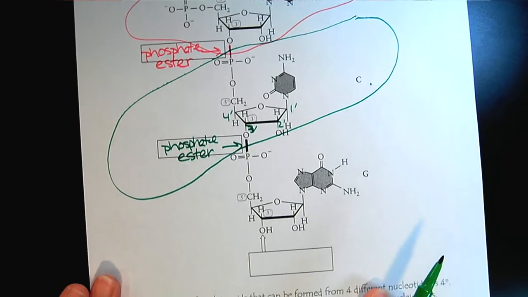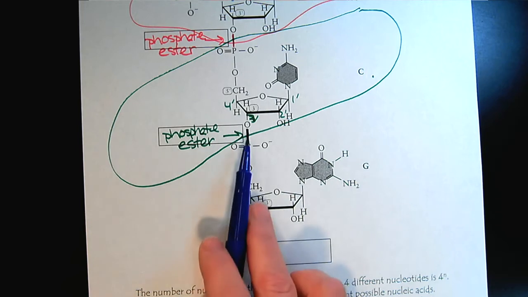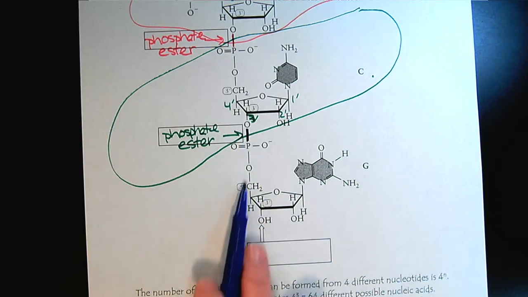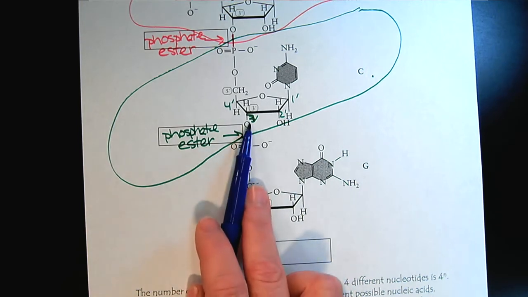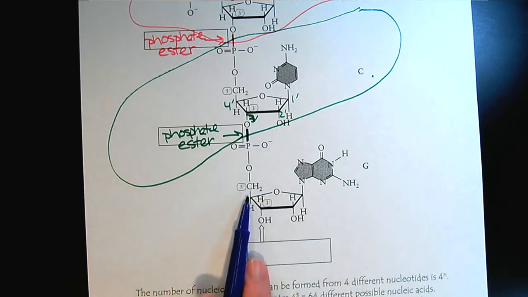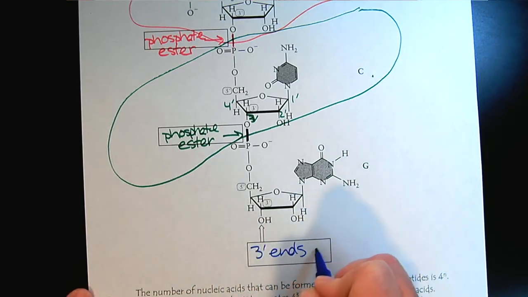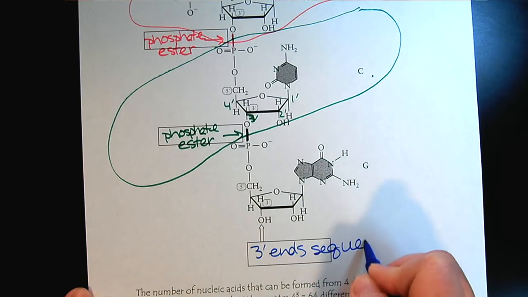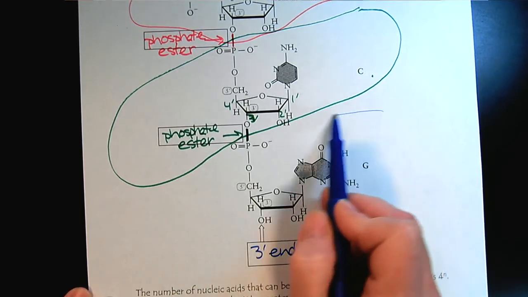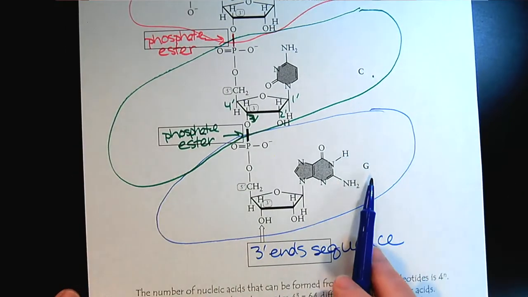And then last but not least, we bring in the third nucleotide, with the phosphate group linking from carbon 3' of the top nucleotide to carbon 5' of the bottom nucleotide, guanine in this case. And then here we have the 3' that ends the sequence. So here would be the nucleotide guanine, right?